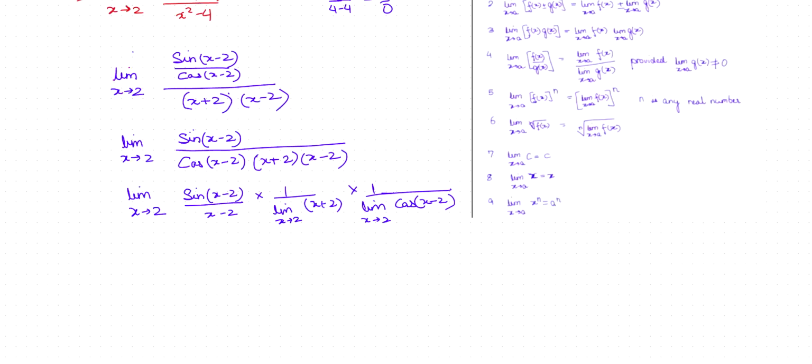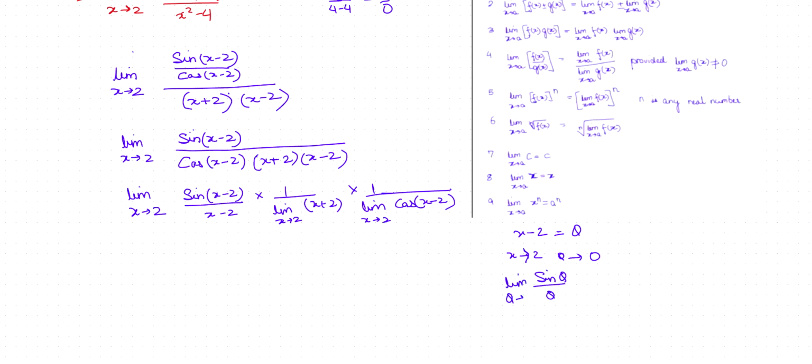Suppose x minus 2 is theta. If x tends to 2, it means theta tends to 0, and this will become sine theta over theta as theta tends to 0.